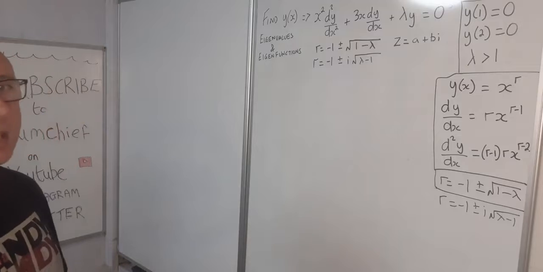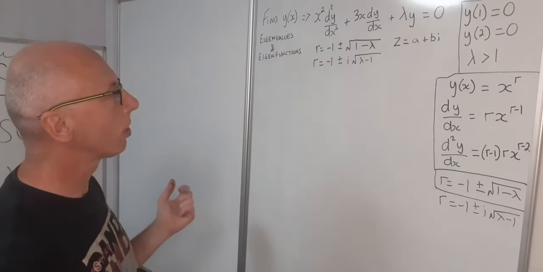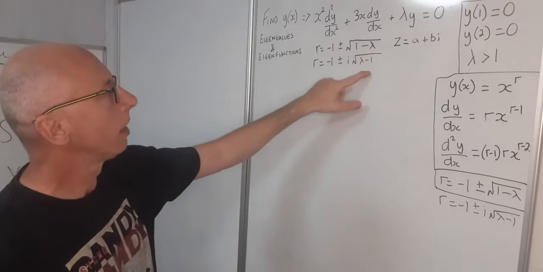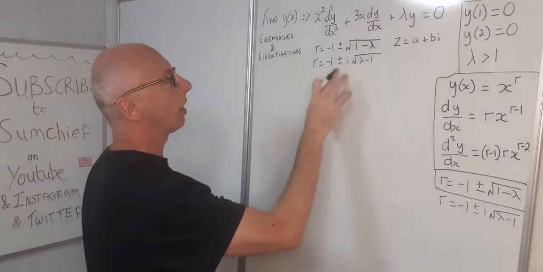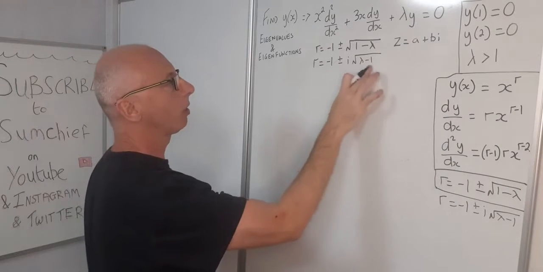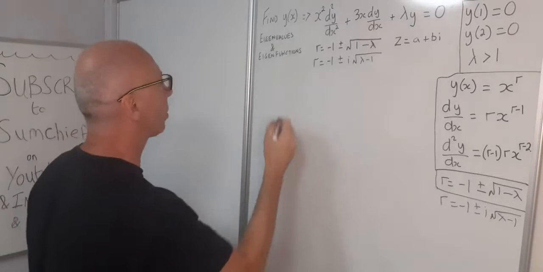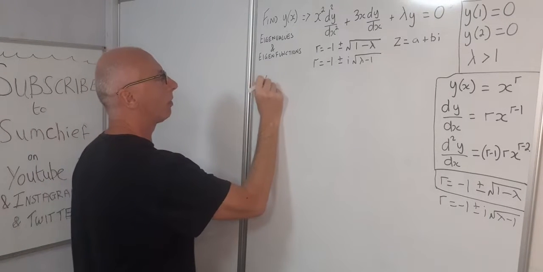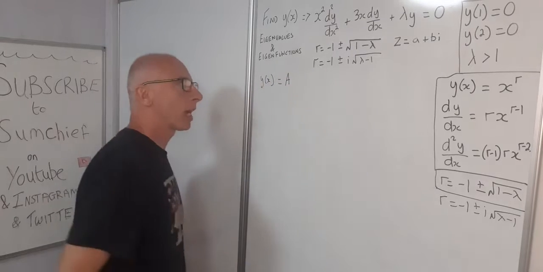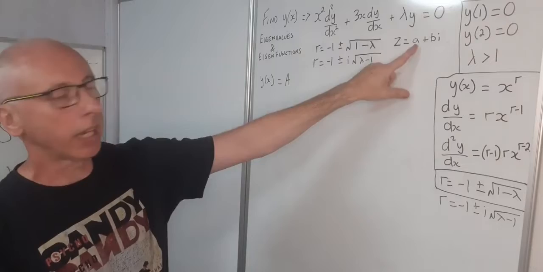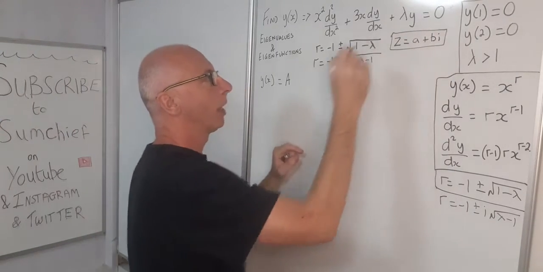Okay, now this gives us some good options here. We can use two linearly independent functions using sine and cosine, using this value for our r, and with the a and the bi, so our a and our b will be this one. And let's see where that takes us using the boundary conditions. So y of x equals some constant, we'll use capital A, not to be confused with our lowercase a. This was just an example to show us the form of a complex number.